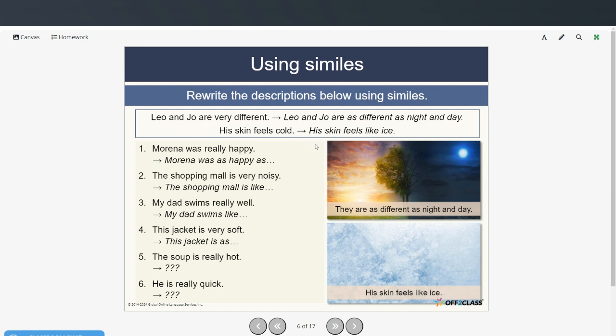His skin feels like ice. So go ahead and see if you can come up with some similes for these sentences, and then restart when you're ready to see some possible answers. You might have different answers, but we'll talk about some possibilities.